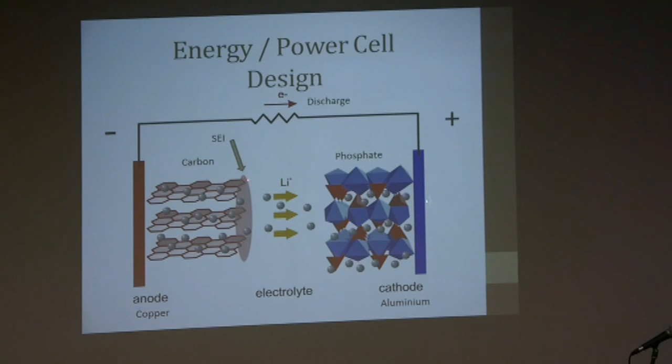And then in front of the carbon, after you charge that battery a few times when it's new, a little solid layer gets deposited onto the anode, which is called the solid electrolyte interface. And that actually prevents some corrosion of the anode.